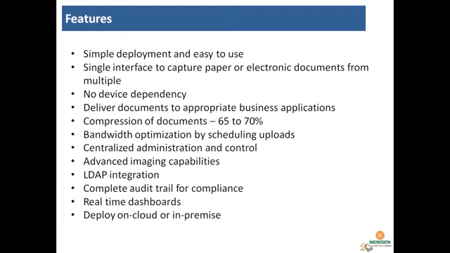Bandwidth optimization by scheduling uploads. For example, if you have remote locations and bandwidth is a constraint, just scan or capture those documents and upload them when bandwidth utilization is low. Centralized administration and control of the entire exchange, the Omni Capture Exchange server.